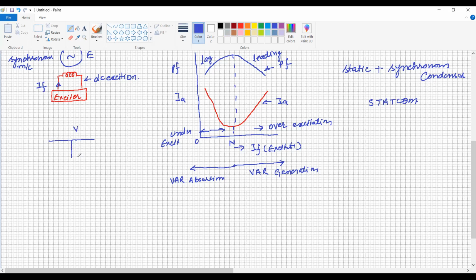Then there is a coupling transformer, similar to that one, and the leakage reactance X is there. It is due to the transformer leakage reactance.